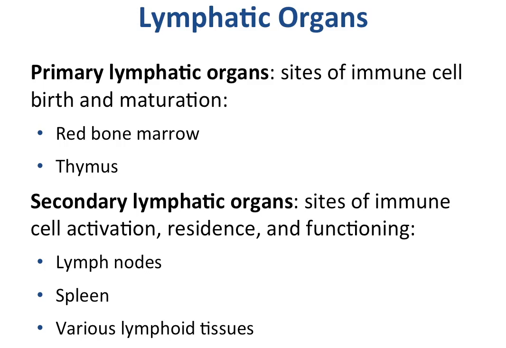That's because most neutrophils are stored in the secondary organs, and once we have infections, they will be released. So the secondary organs would be the lymph nodes, skin, and various lymphoid tissue.